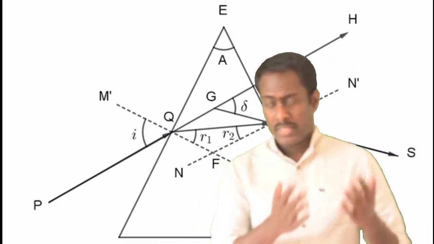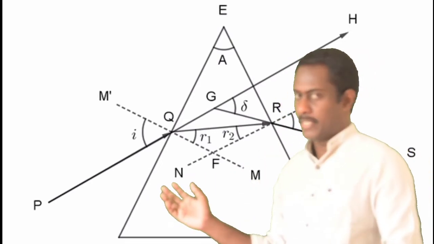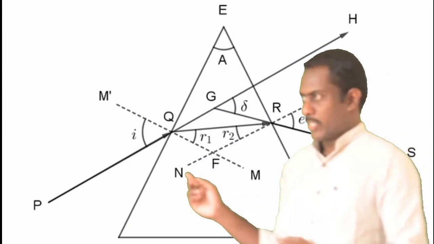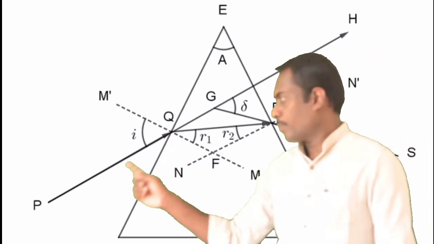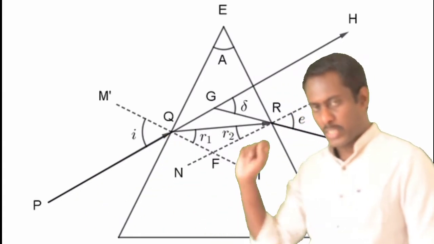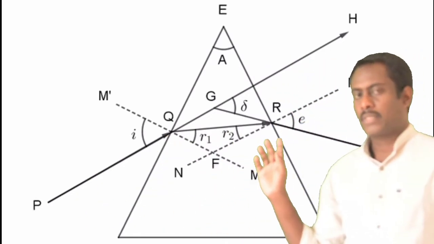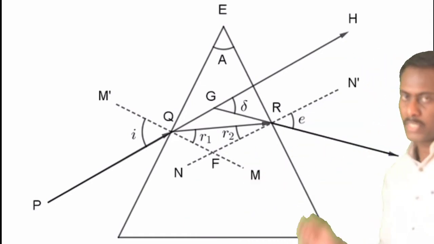As you know, when light passes from an optically rarer medium to an optically denser medium, the light will refract. Here PQ is the incident ray, QR is the refracted ray, and RS is the emergent ray.